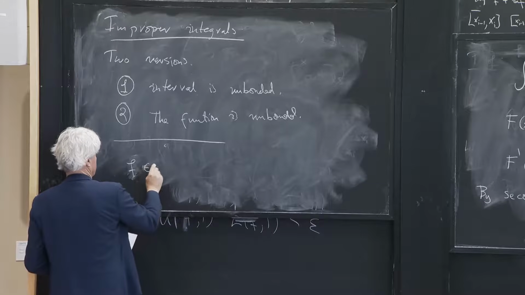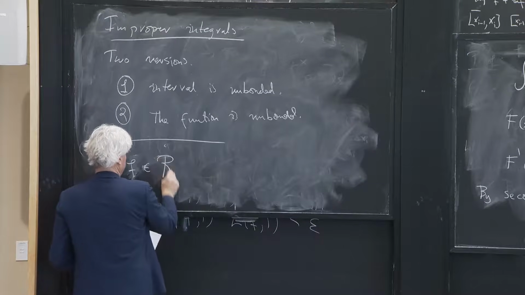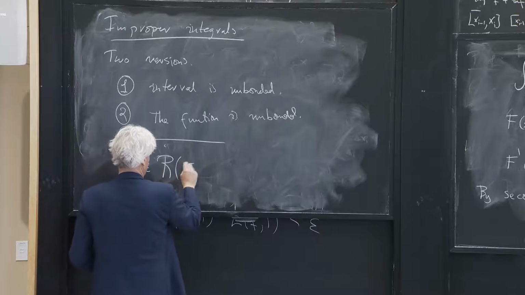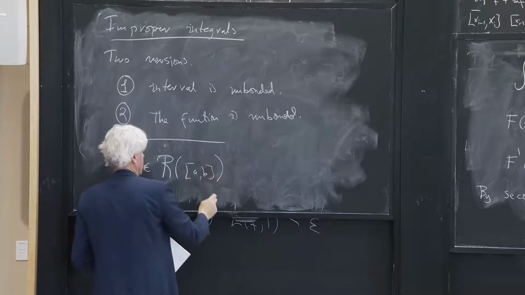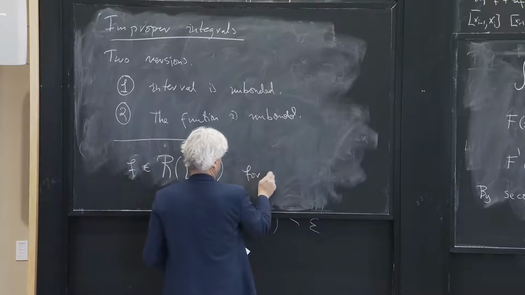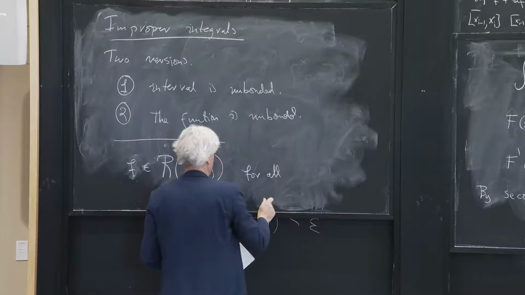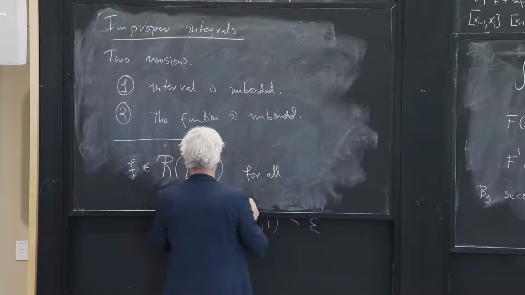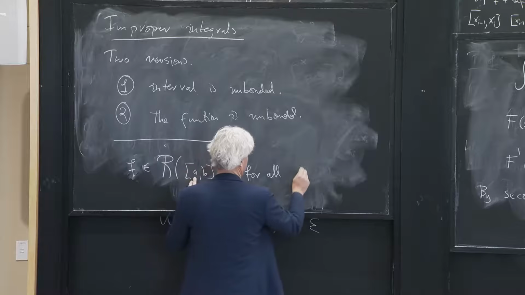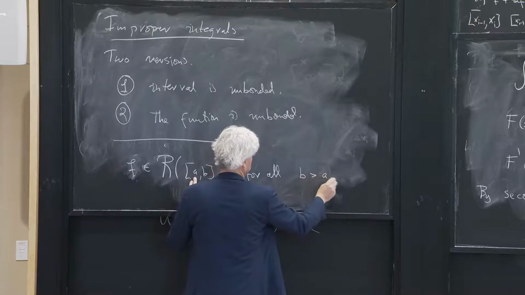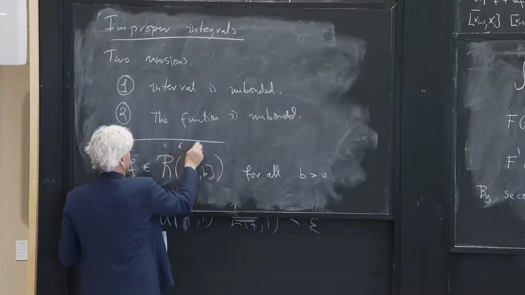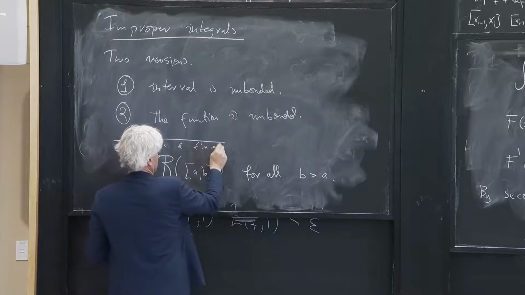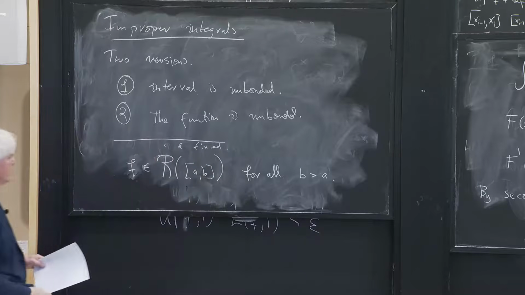So f is integrable from a to b for all b bigger than a. So a is fixed, and it's integrable like that.